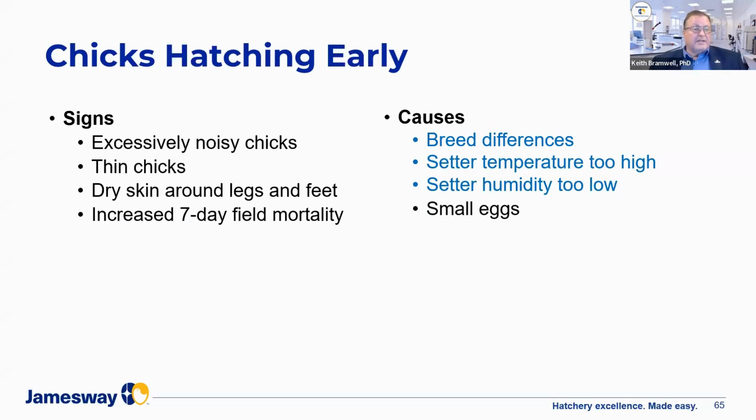What if, as a collective group, they're just hatching too early? A lot of noisy chicks, they're thin, dry around the legs. We start looking at setter temperature too high, breed differences, or small eggs. That's something we could see. That's the science of incubation, or the art of incubation, where we know what we're supposed to do, but we evaluate.